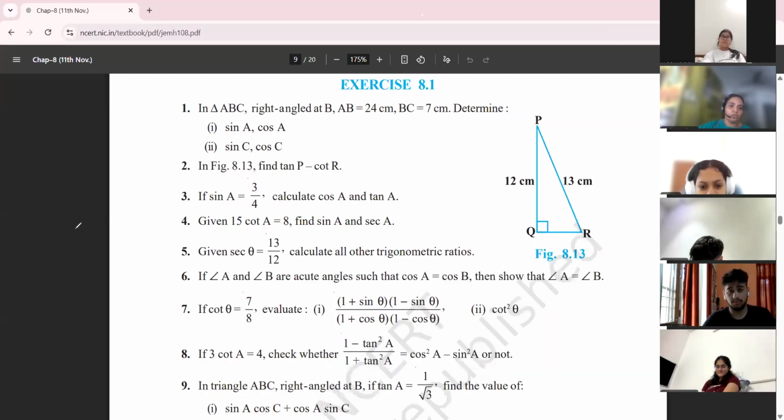Okay, going to question number 2 now. In figure 8.13, find tan P minus cot R. So tan P minus cot R we need to find out. That means for this we need to find out what is tan P first and what is cot R. And as I told you, tan you know is TOA.